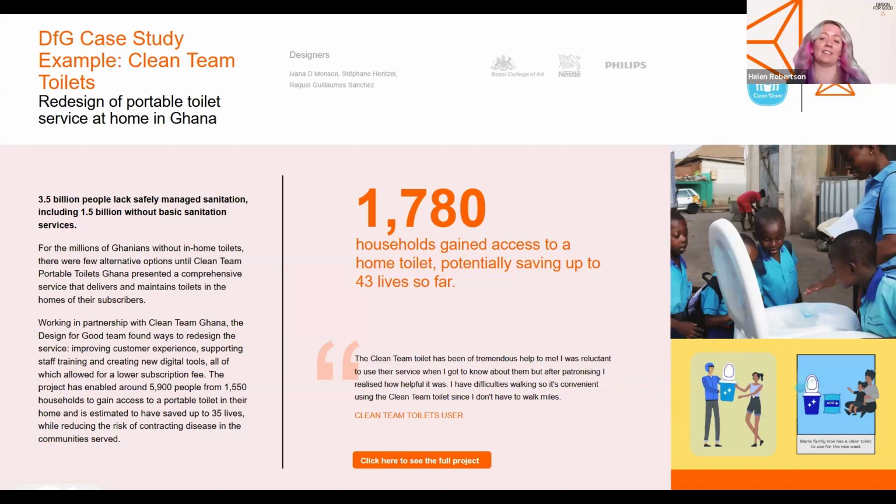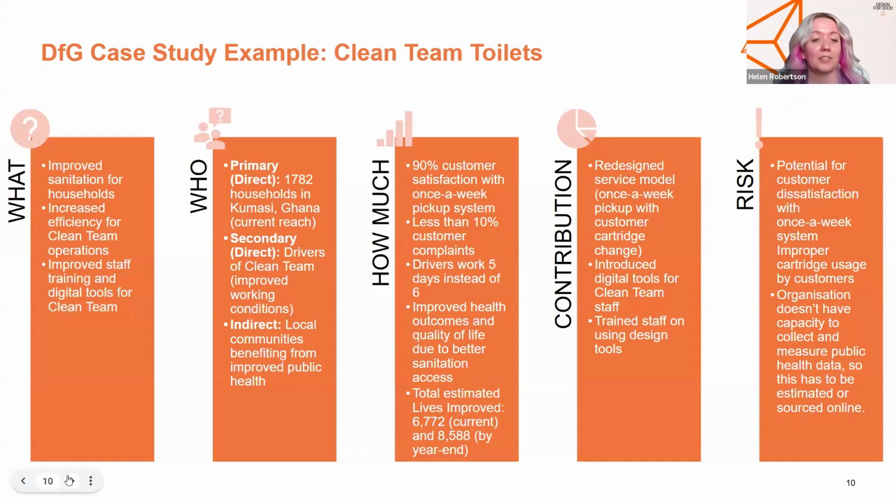So if we move on to the next slide, we can look at what was the impact of the Clean Team Toilets project in terms of our 5 dimensions of impact. In this example, the project achieved improved sanitation for households, increased efficiency for Clean Team operations, and enhanced staff training in digital tools. These changes directly address both customer and operational needs.